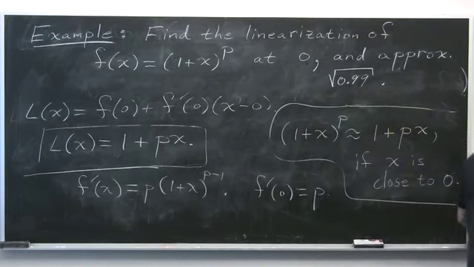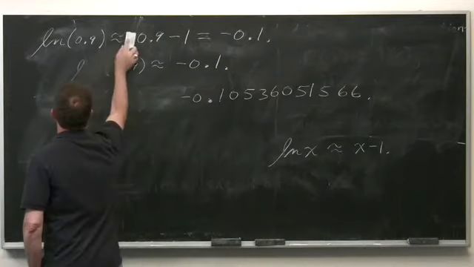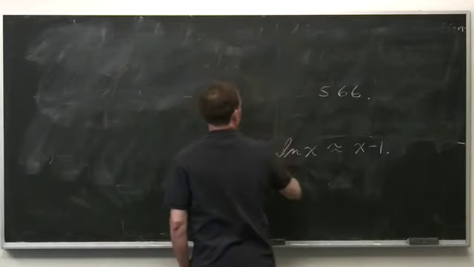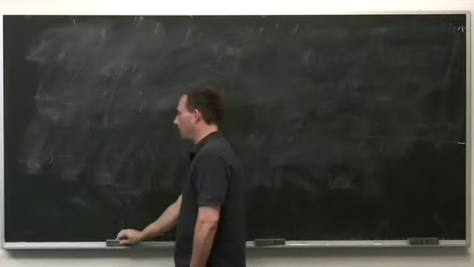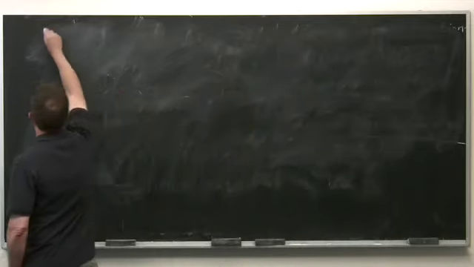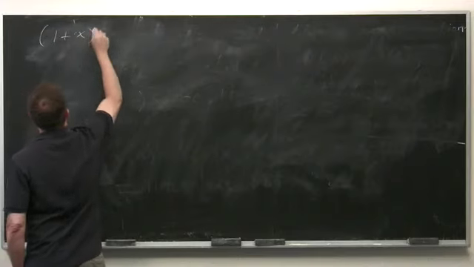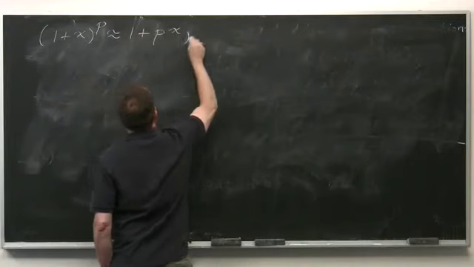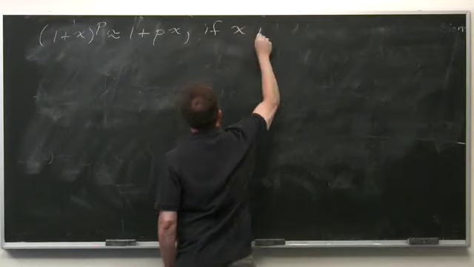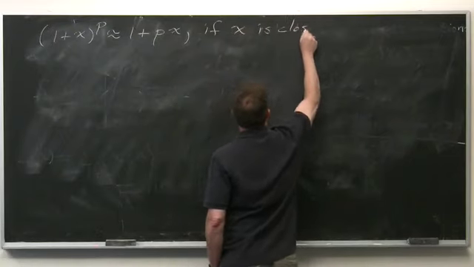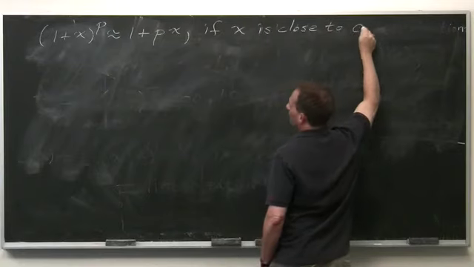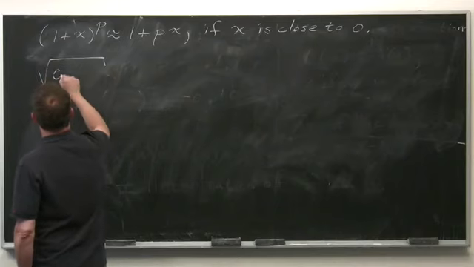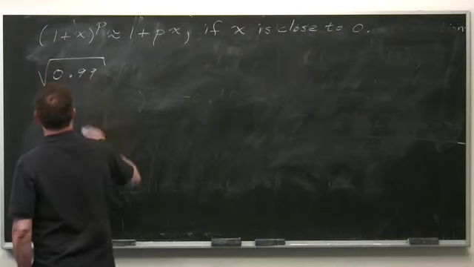We would like to use this to approximate the square root of 0.99. How do you do that? We just found that (1 plus x) to the p is approximately 1 plus p times x if x is close to 0. And we want to approximate the square root of 0.99.